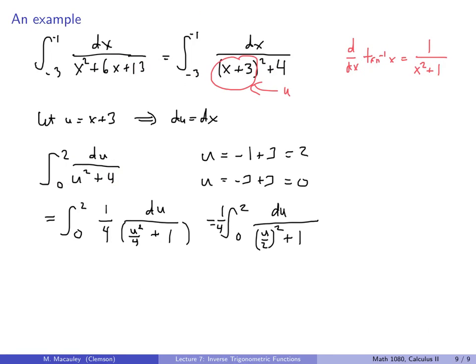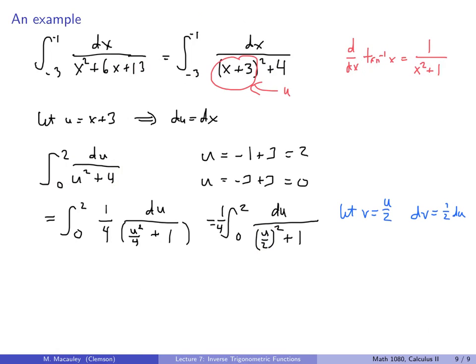Let me switch to blue now. I want this thing to be my new u, so I'm going to call that a v. Let v be u over 2. So dv equals 1/2 du.